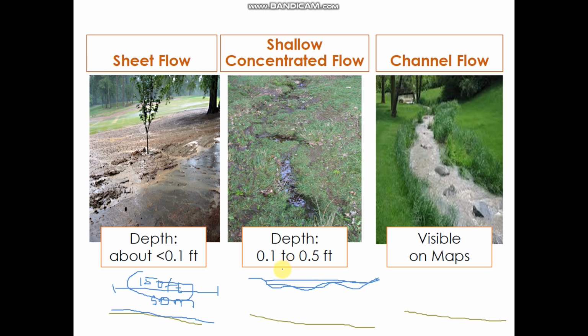Regarding its range, the shallow concentrated flow can travel up to a limit of 1,000 feet. Whenever the runoff water travels 1,000 feet after the sheet flow, meaning a total of 1,150 feet, we can consider that.